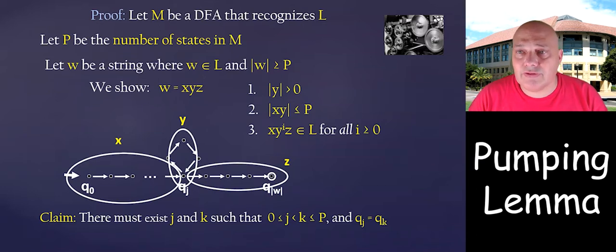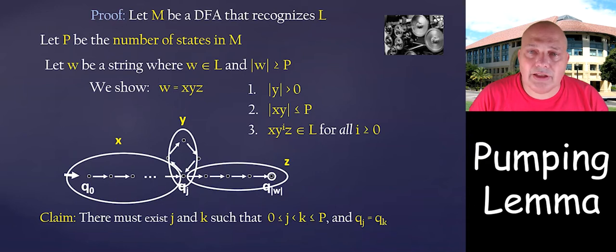So within the first p symbols of w, there are j and k that represent the same state, and k is still smaller than p, and xy reach all the way to qk, namely their length together is at most p.